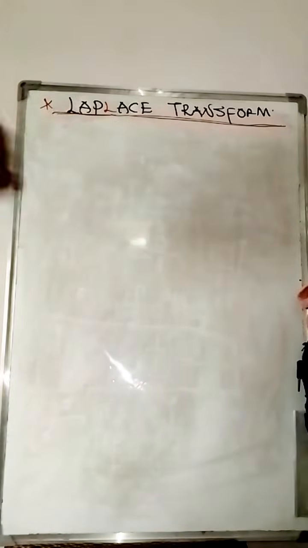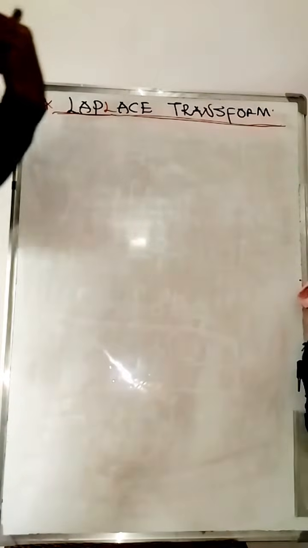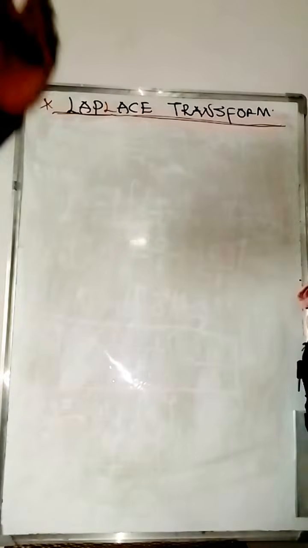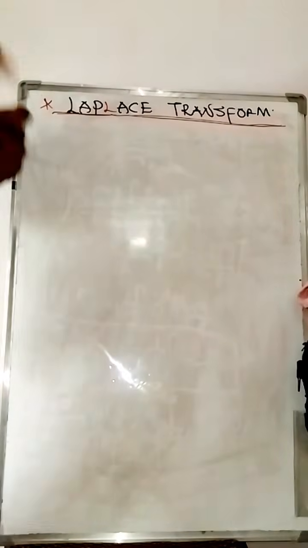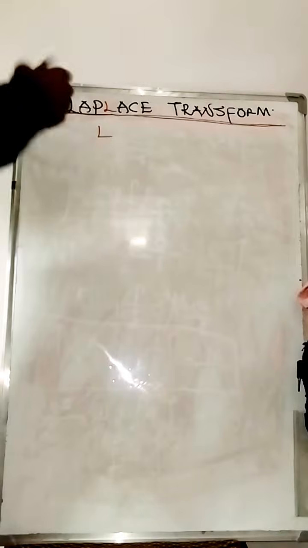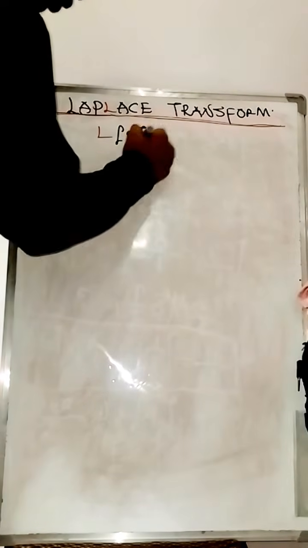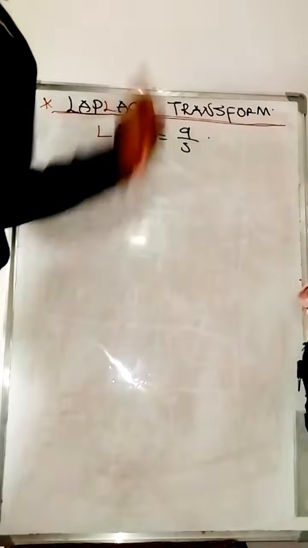Remember, in our previous session on Laplace transform, we treated our first standard solution to Laplace expression. If you can remember, we treated the Laplace of A is equal to A over S. The Laplace of a constant is equal to what?